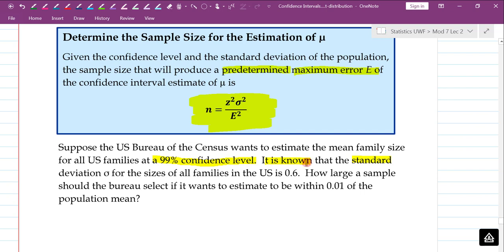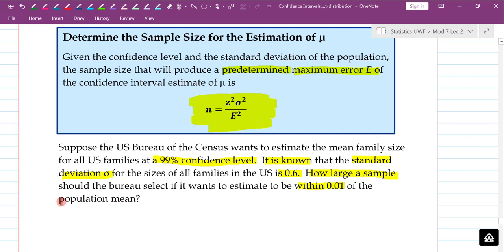So when you see it is known that the standard deviation, sigma, for all sizes of families in the U.S. is 0.6. How large of a sample should the Bureau select if it wants the estimate to be within 0.01 of the population mean?